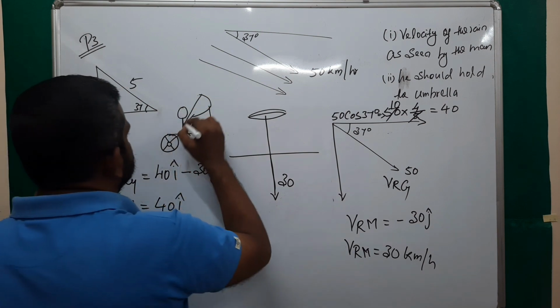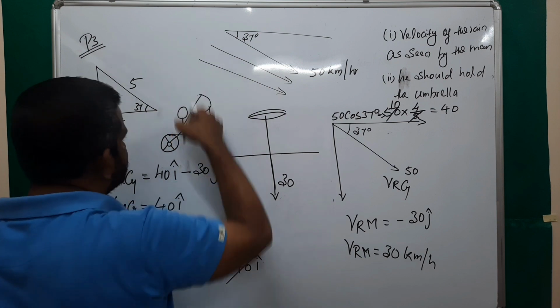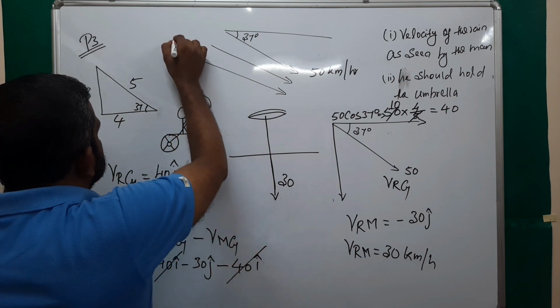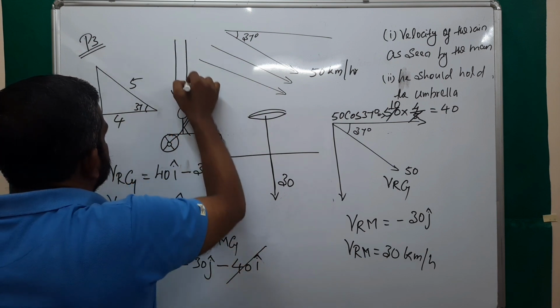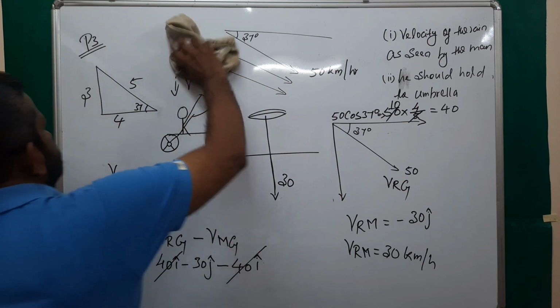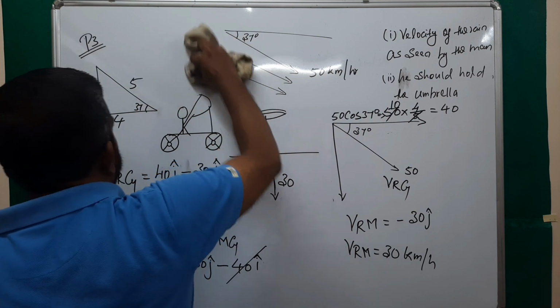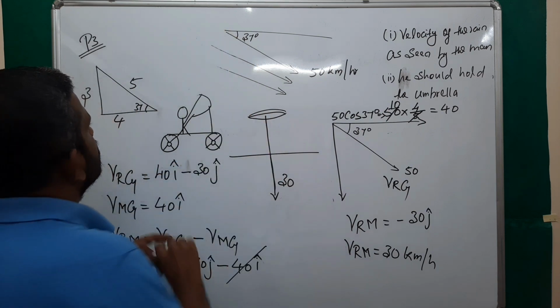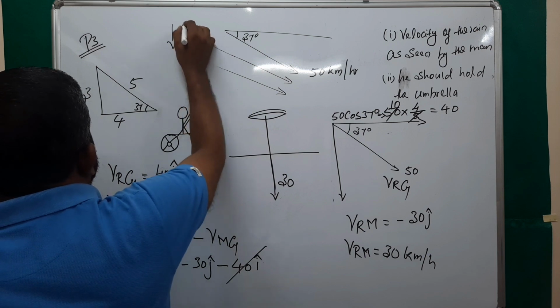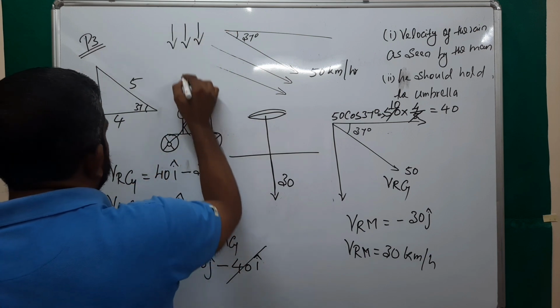So the man in the cycle feels that the rain is falling like this, falling vertically downwards. Am I right? So, in which direction should he hold the umbrella?